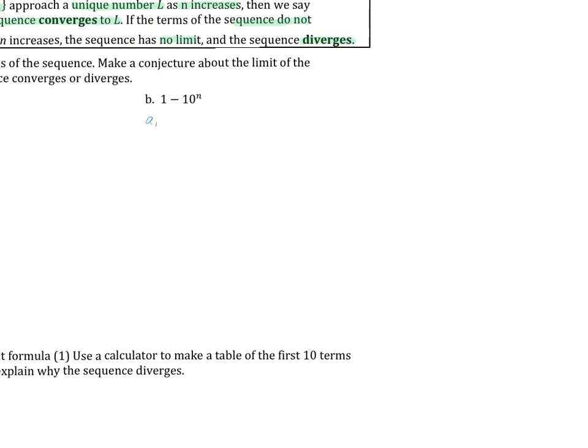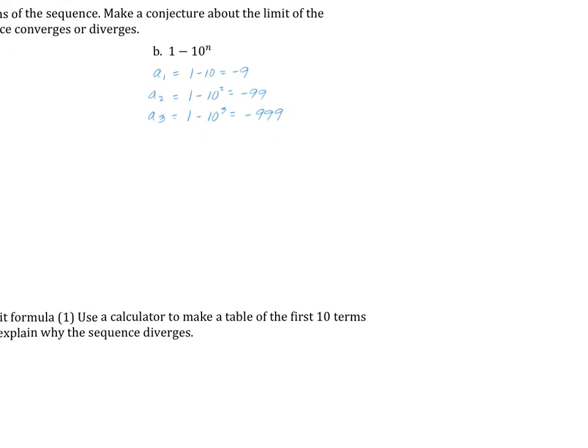So a sub 1, 1 minus 10, and I have negative 9. A sub 2, 1 minus 10 squared, negative 99. A sub 3, 1 minus 10 to the third, negative 999. And already you can see the pattern.